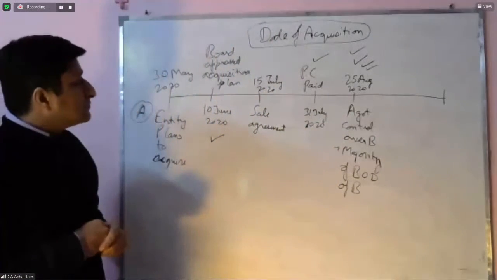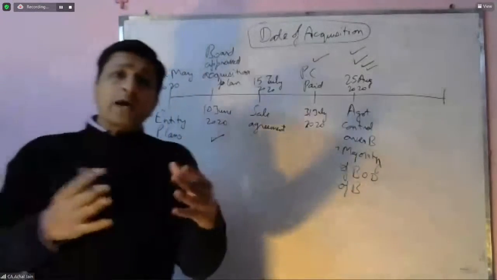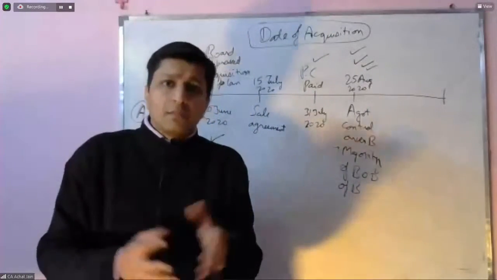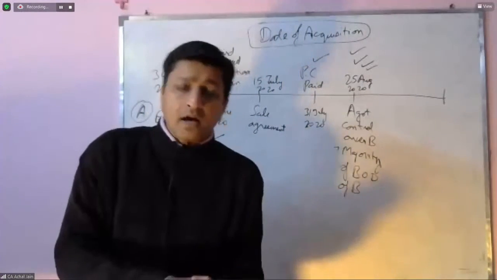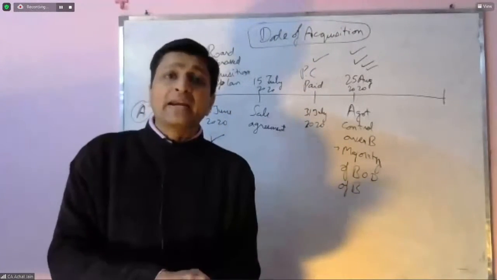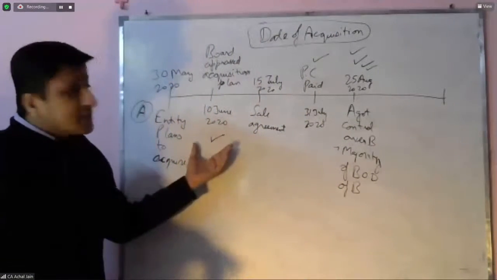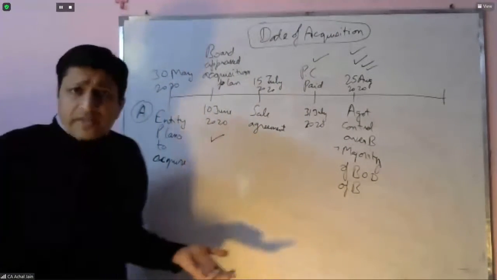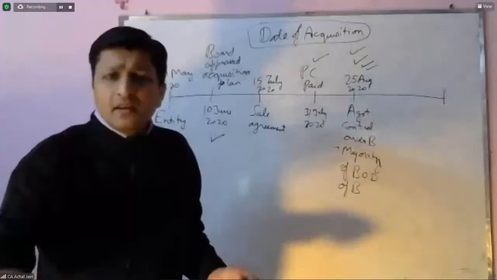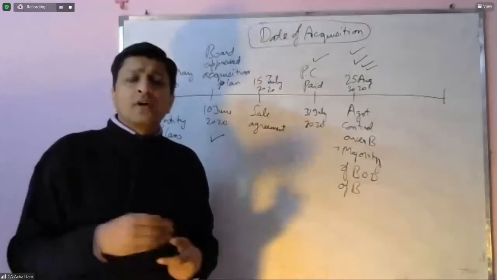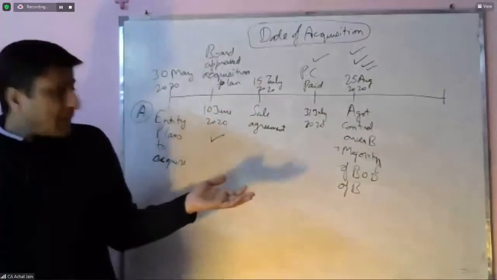Or should this be the date when the agreement is signed, because now both parties are committed and it's binding to both? Or should this be the board approval? Because if the board approval is done, then nothing else is pending. It's only the signing of the agreement and paying of consideration which is pending.